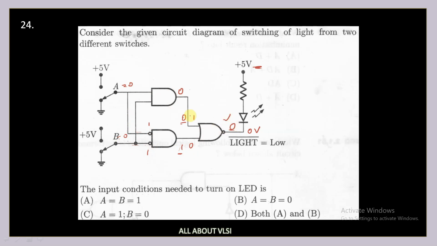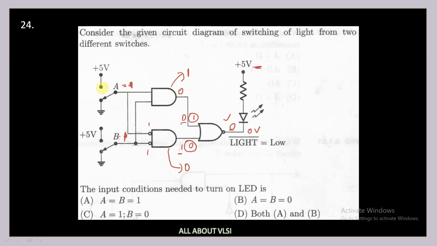Satisfied. Now let us assume that the input of your NOR gate is 1 and 0. That means the output of one AND gate is 1 and the other AND gate is 0. For getting the output of this AND gate to be 1, the inputs should be 1 and 1.